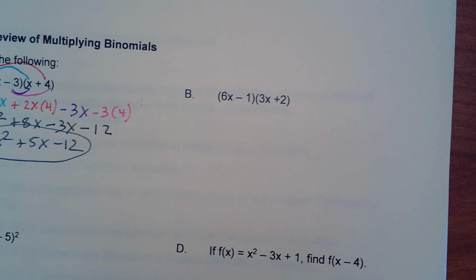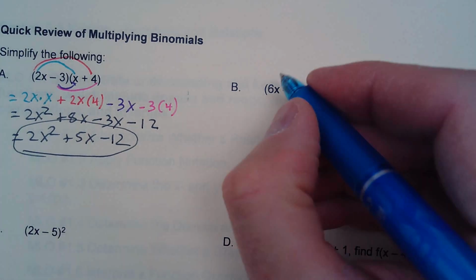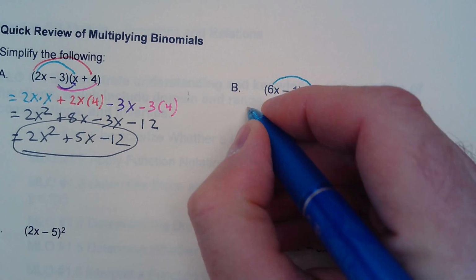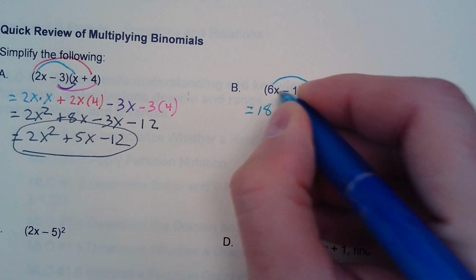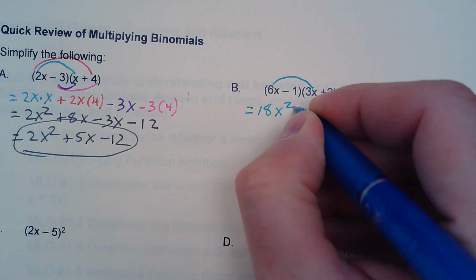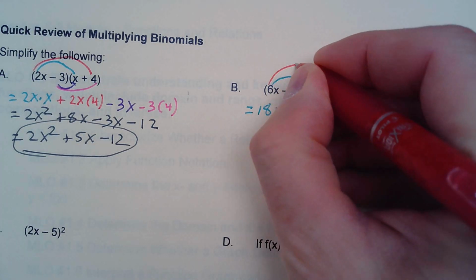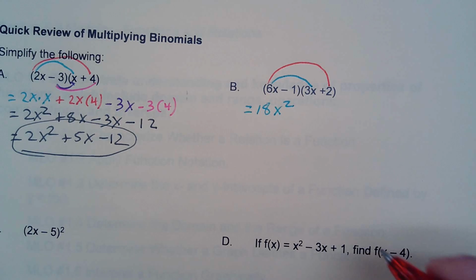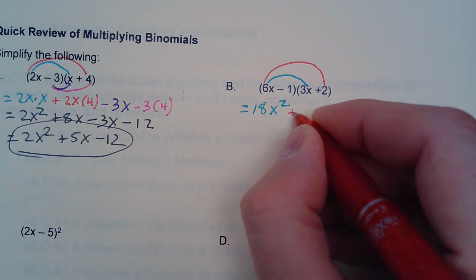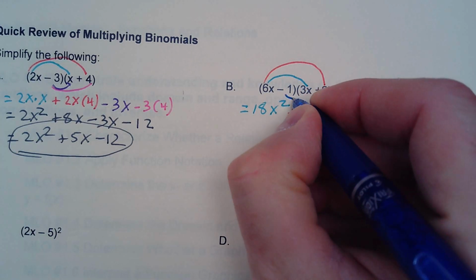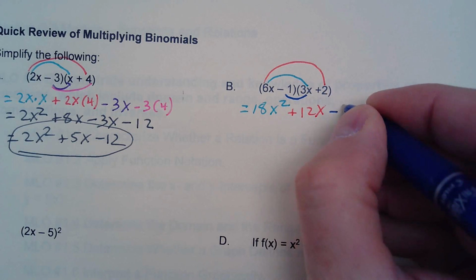So let's do another example. We're going to do FOIL again. So I'm going to take that 6x times 3x. 6 times 3 is 18. x times x is x squared. And then I'm going to do the outer terms. 6x times 2. That's 12x. And then I'm going to do the inner terms. Negative 1 times 3x is a negative 3x.